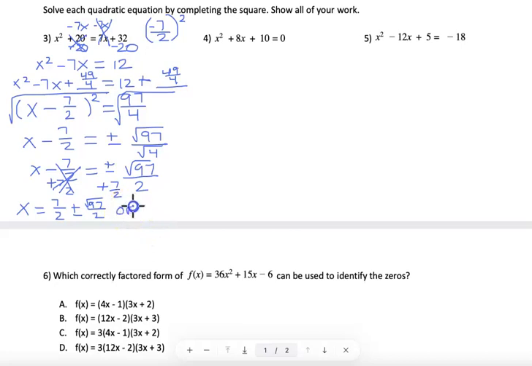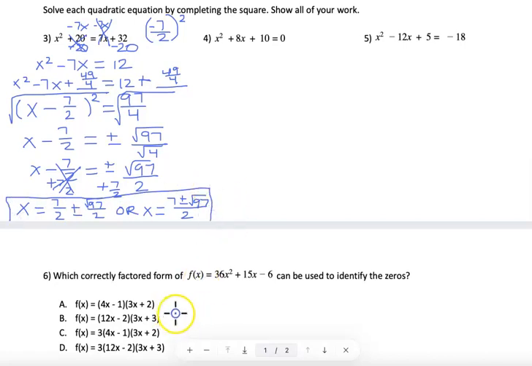Or if you prefer, you could write x equals 7 plus or minus radical 97 with just one denominator of 2. It does not matter. They're the same thing, and they're both considered simplest forms. So either of those formats would be correct.